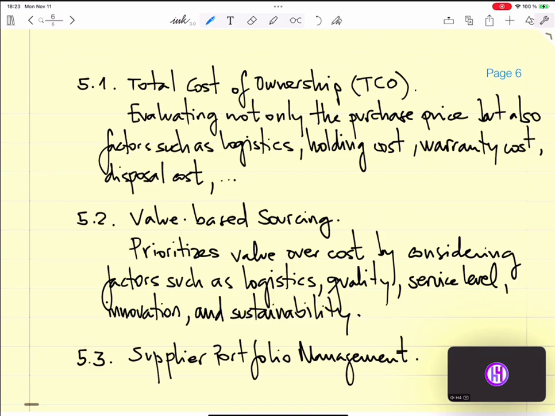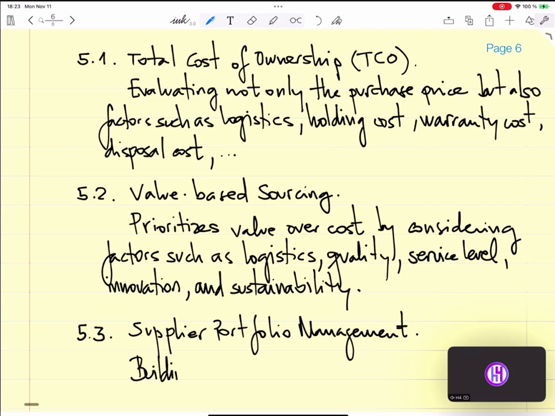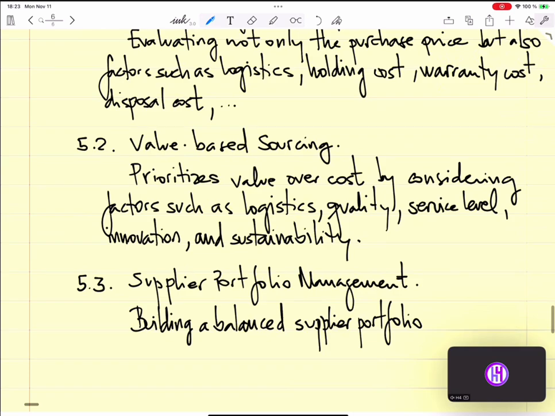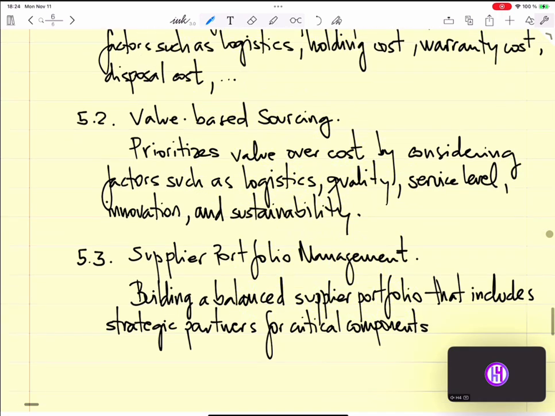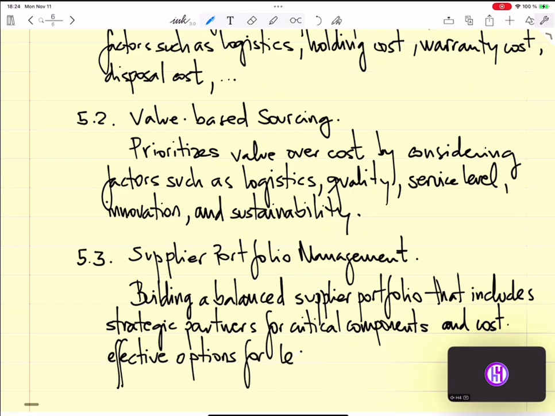Okay, so here building a balanced supplier portfolio that includes strategic partners for critical components, and cost-effective options for less critical items. Okay.